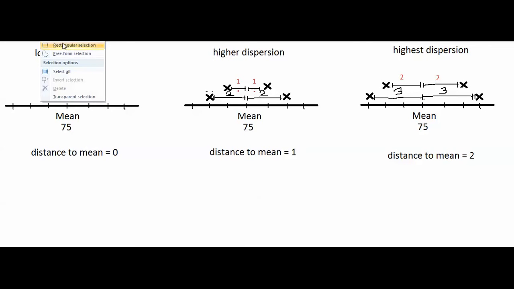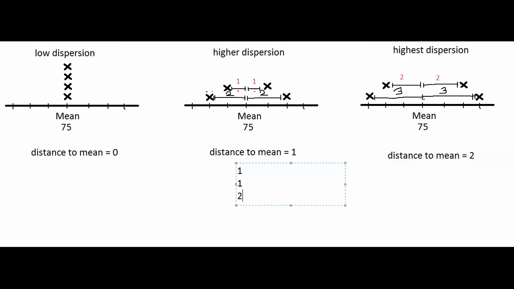What I could do in this situation is calculate the average distance to the mean. So what I could do is add up these 4 distances and divide the total by 4. So I have the average distance from each value to the mean.